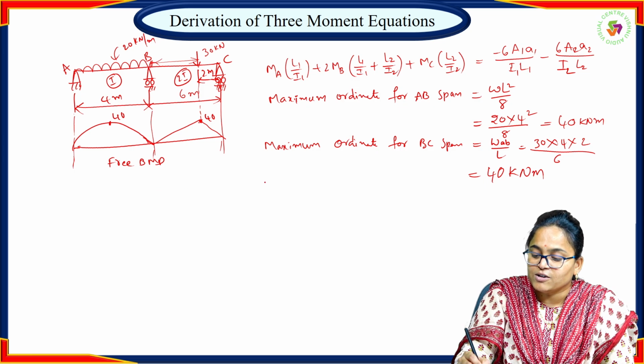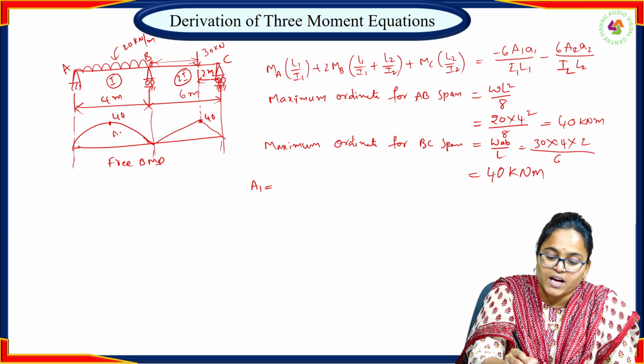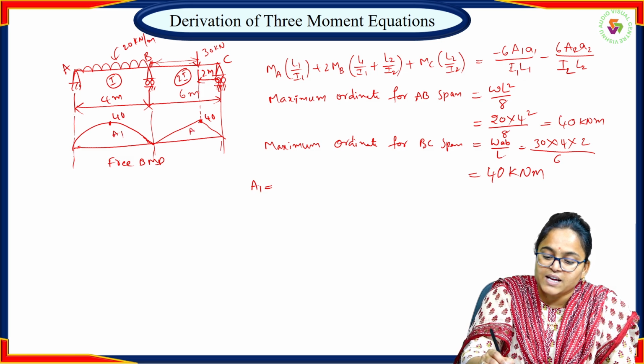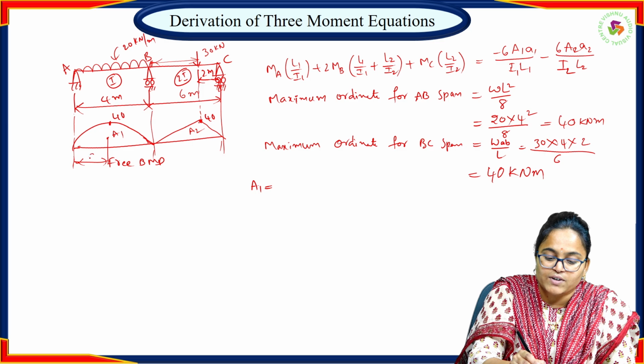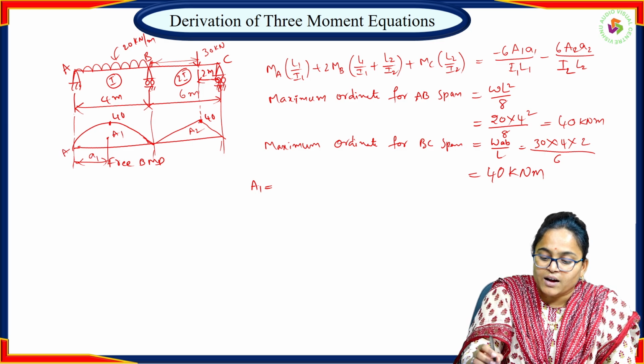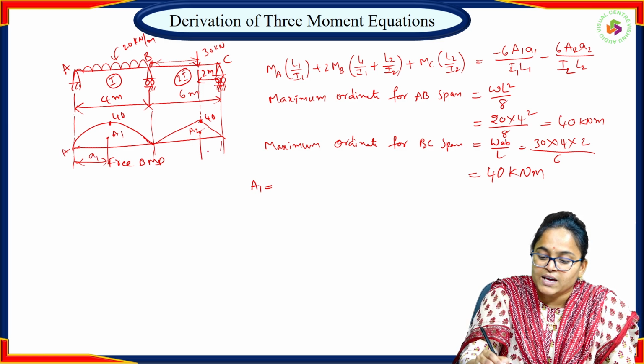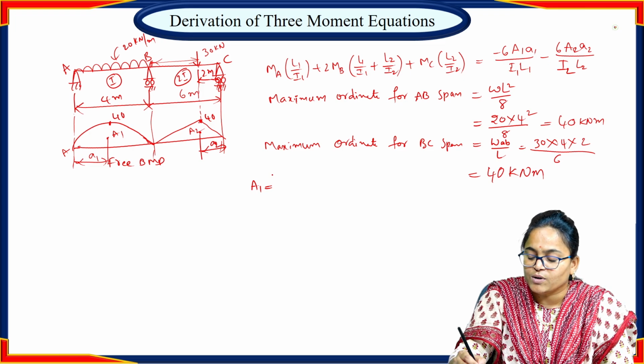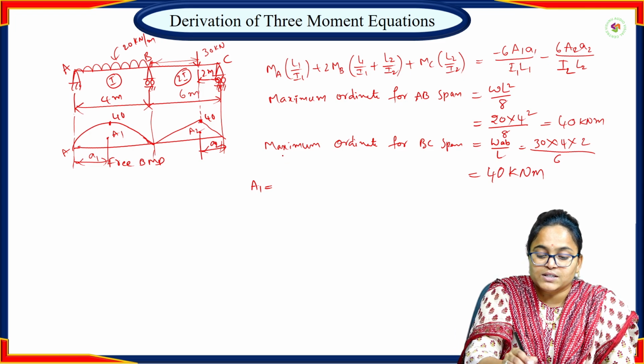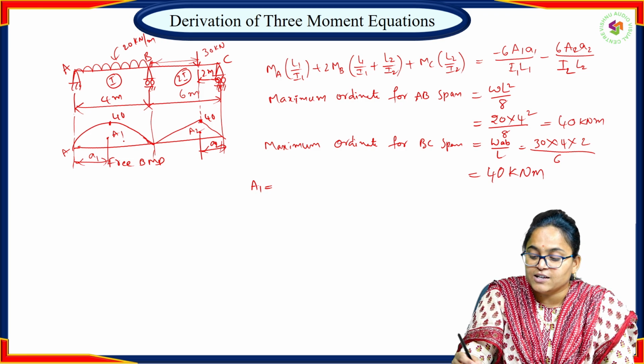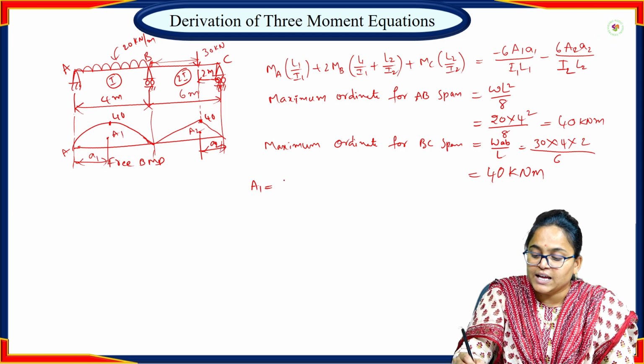Now we can find area A1, that is, this is area A1 and this is area A2, and also we want the CG of area A1 from support A and the CG of area A2 from support C. So this is a small a2. Now A1 is a second degree parabola. So we know that the area of a parabola is 2 by 3 AB.